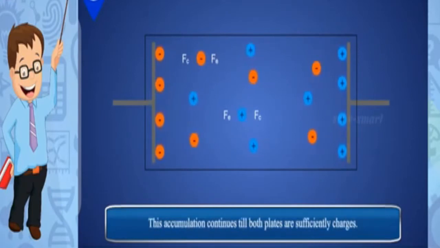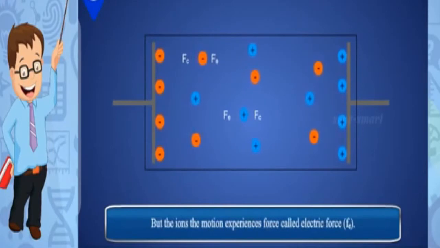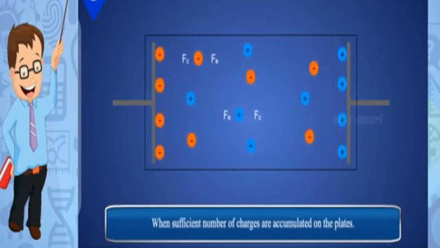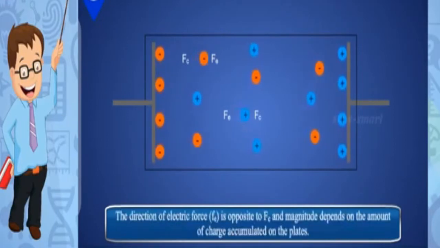This accumulation continues till both plates are sufficiently charged, but the ions in motion experience a force called electric force, denoted by Fe. When a sufficient number of charges are accumulated on the plates, the direction of electric force Fe is opposite to Fc, and its magnitude depends on the amount of charge accumulated on the plates.